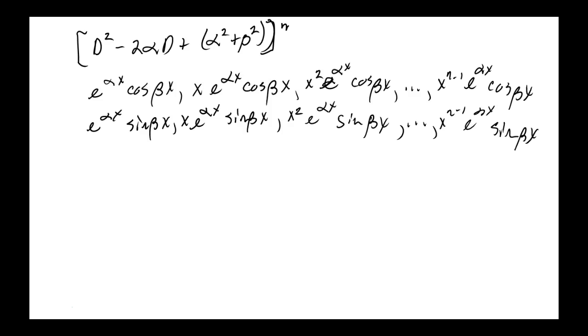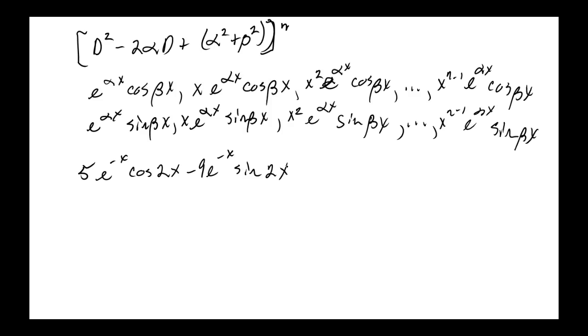All right, so we're ready for example 2. Find a differential operator that annihilates 5 e to the minus x cosine 2x minus 9 e to the minus x sine 2x.